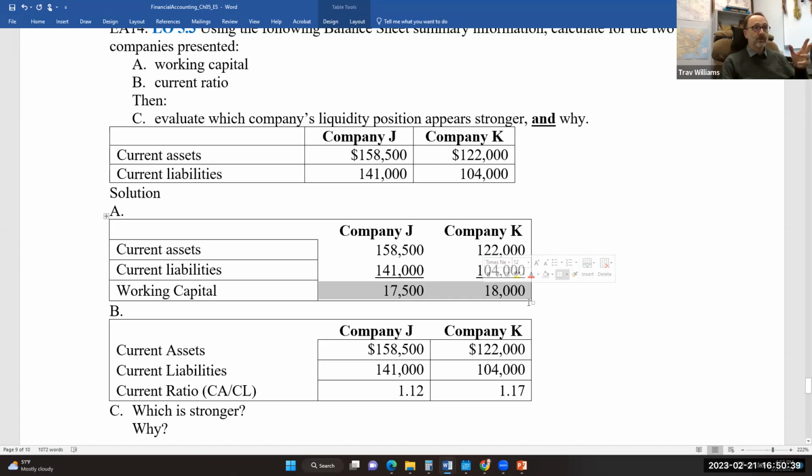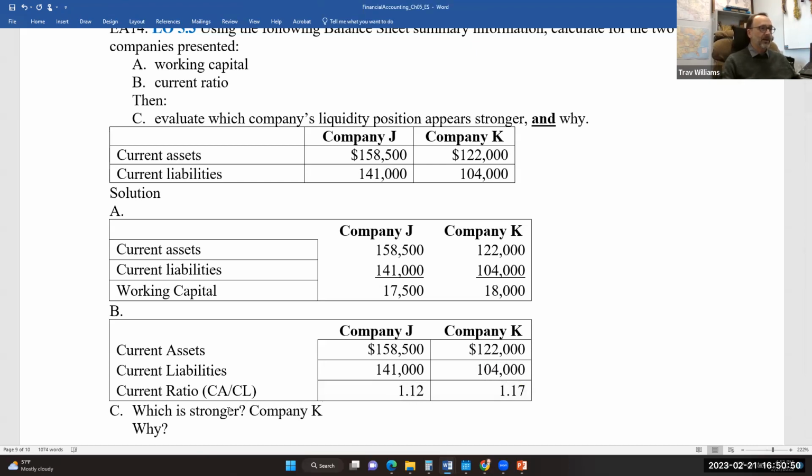That's good for company K, right? If we look at the current ratio, company K came out better there as well. So company K is stronger in terms of liquidity. Why? Their working capital and current ratio are both higher.